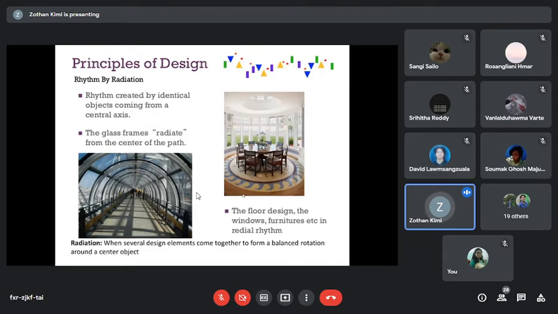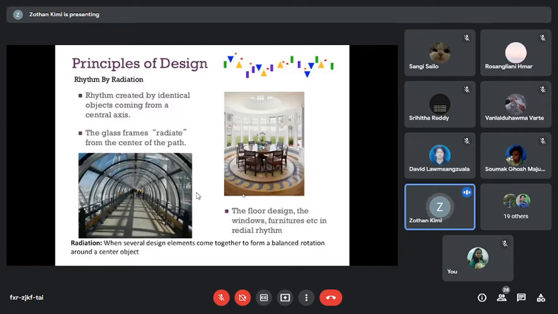We can see that it looks like it's created around this particular central axis. Then it is also called rhythm by radiation. And it is again a subset of radial symmetry.